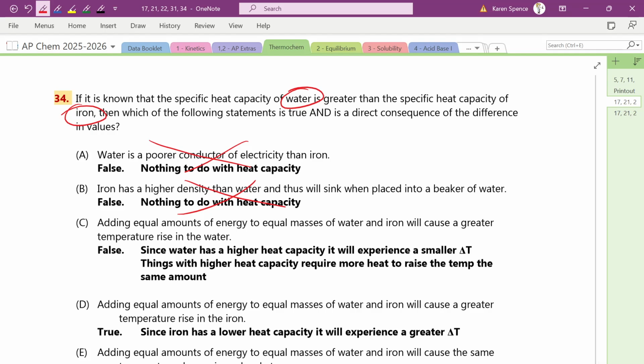Adding equal amounts of energy to equal masses of water and iron will cause a greater temperature rise in the water. So what the question is saying is that the specific heat capacity of water is greater than the specific heat capacity of iron. If heat capacity is high, will change in temperature be higher or lower?